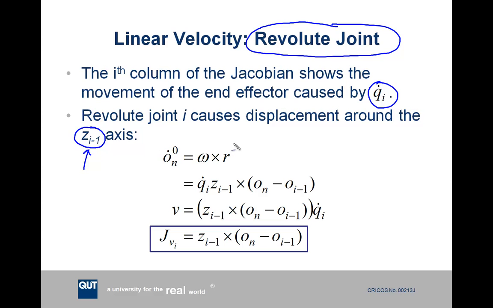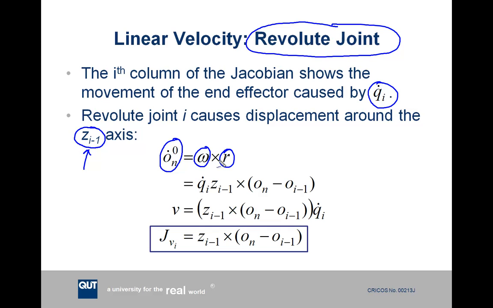What we want to do is define everything in the original reference frame. So the end effector velocity, this is once again just the tool point velocity defined in the base reference frame, is the rotational speed times the displacement.